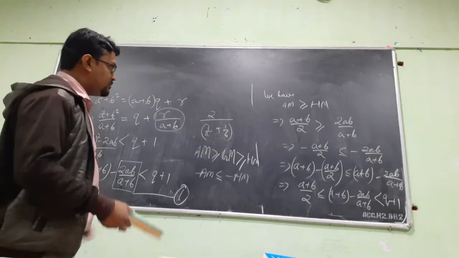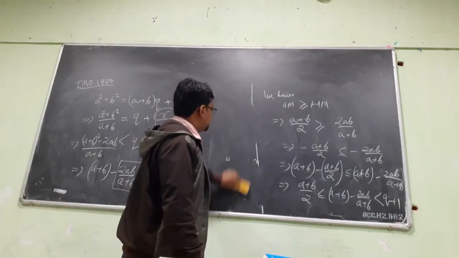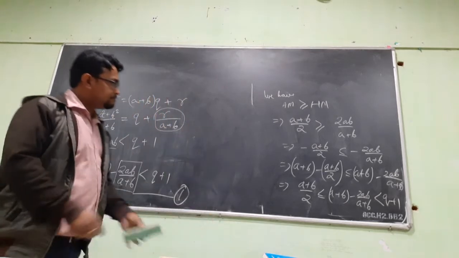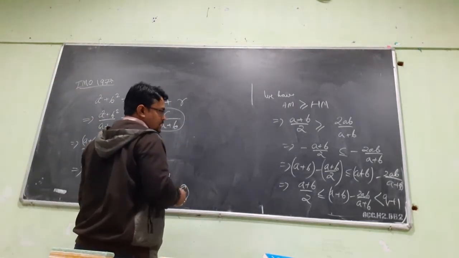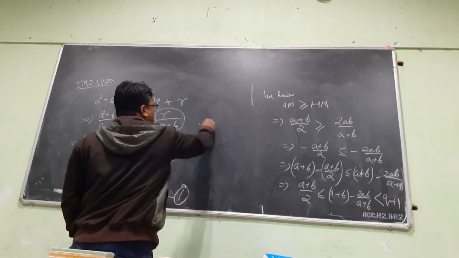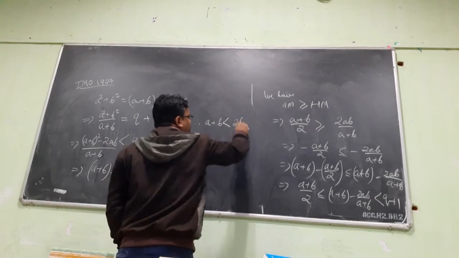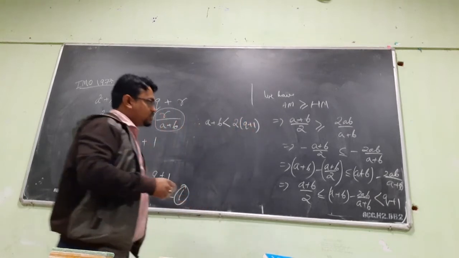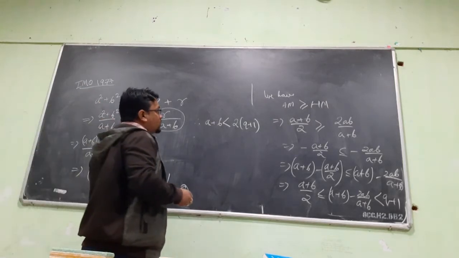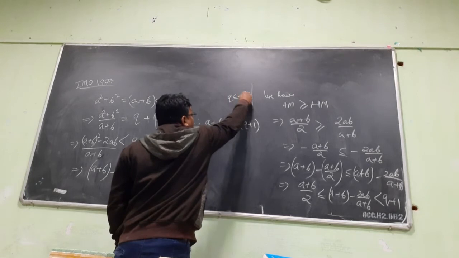So we have some limit now. What is that limit? Cross multiply. So therefore we have a plus b is strictly less than 2 into (q plus 1). But what is q? q we have already got as less than or equal to 44.